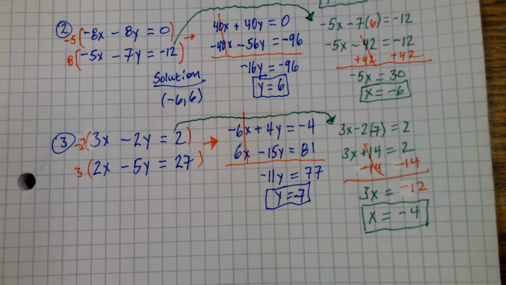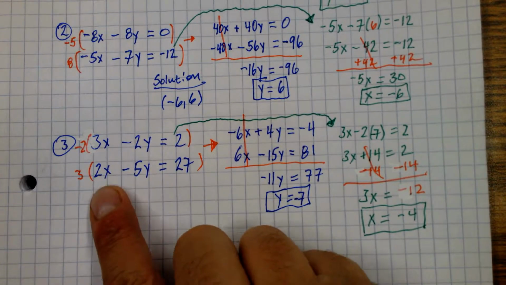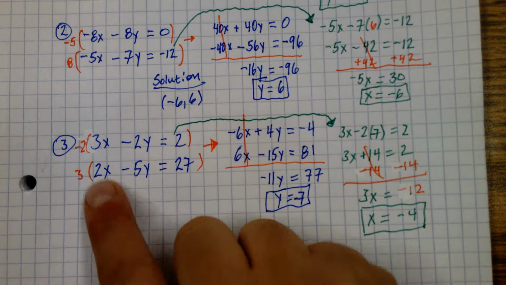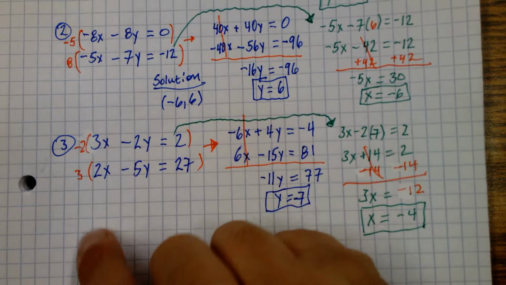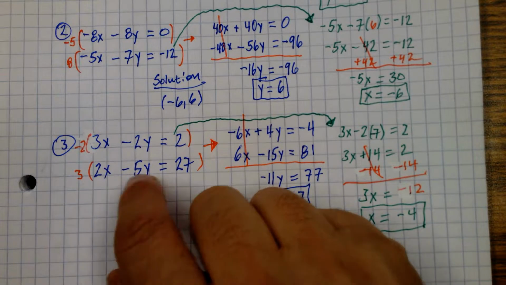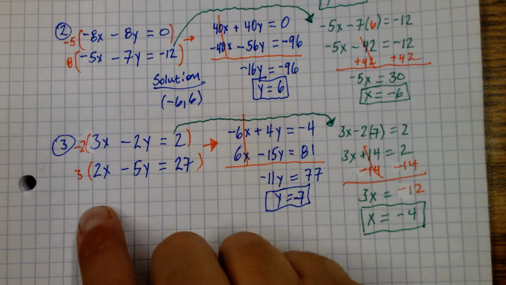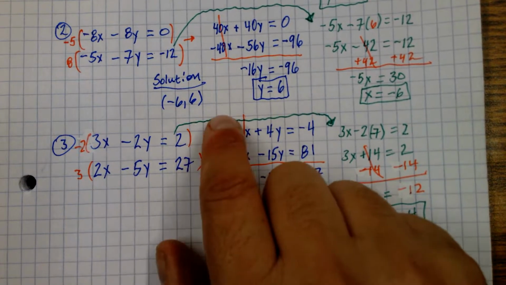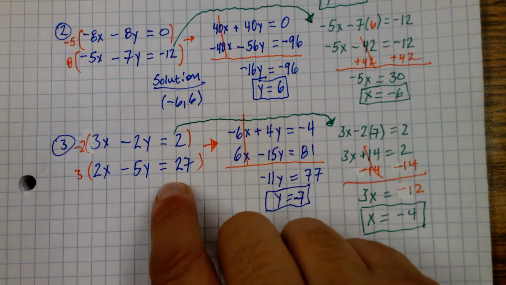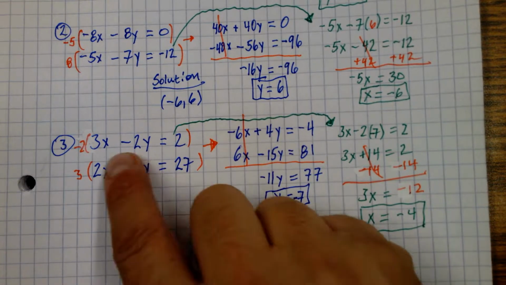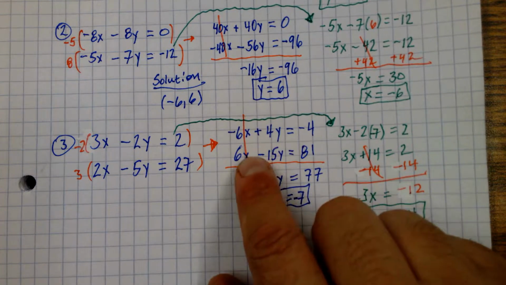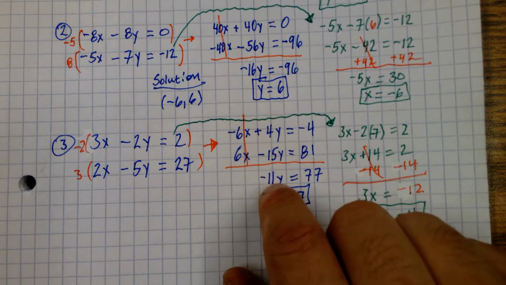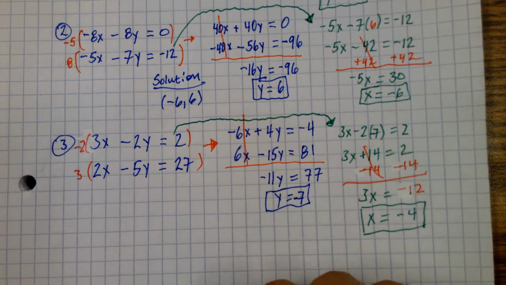Okay, so I did it this way, getting rid of x's because it seemed easier. So I could have tried 5 and a -2 to get 10s here, but I went for -6 and 6. Okay, and so I multiplied through. This is what I got, and combined, I got -11y equals 77.